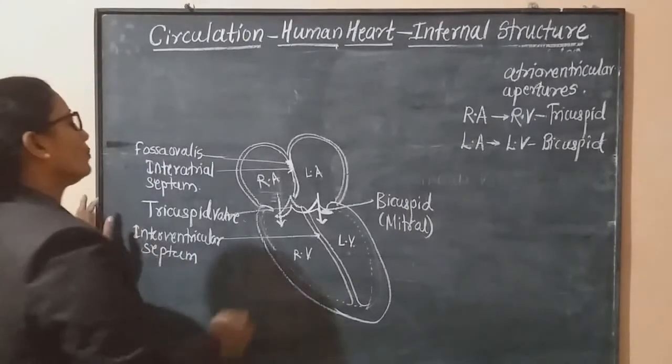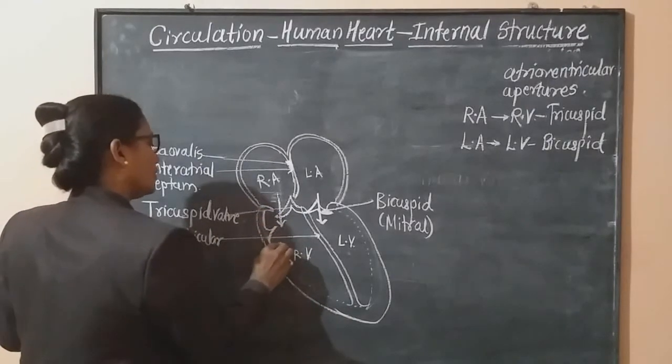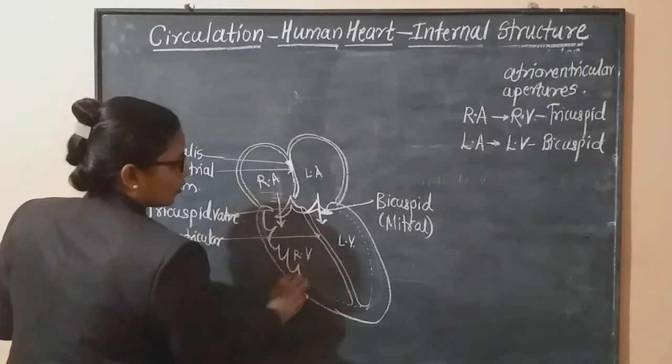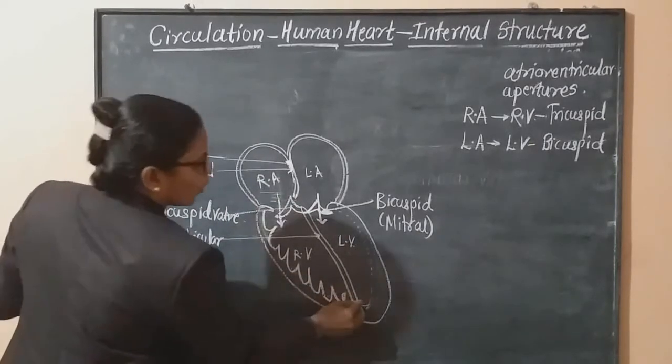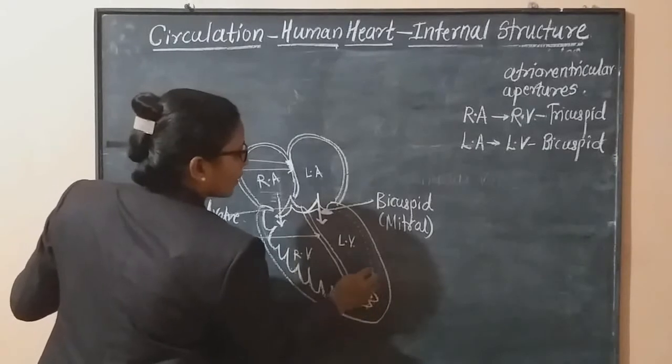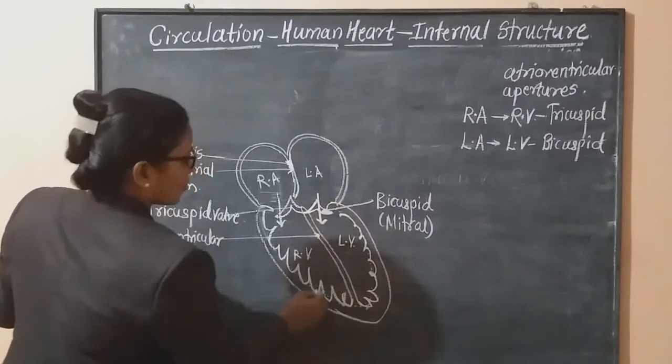Now, one of the most important points is the inner surface of the ventricle. It is not smooth. It gets thrown into a number of ridge-like structures.